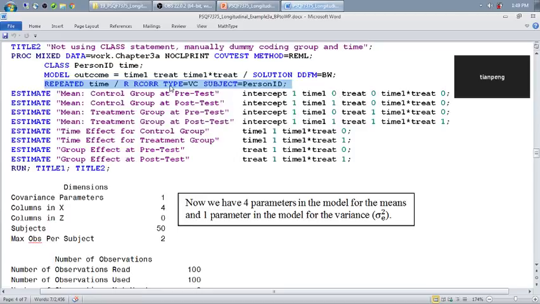That is correct. If I took that same repeated statement that has type equals VC, and I took out the word time, then SAS wouldn't understand that I have repeated measures, and it would just estimate the same model as proc reg. The default in proc mixed, if you don't mention anything, is the same as proc reg.